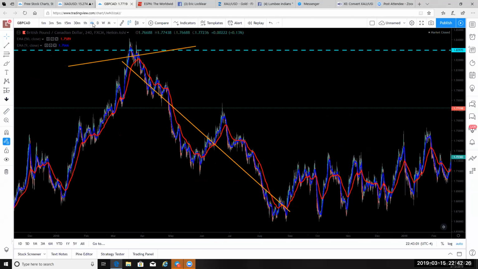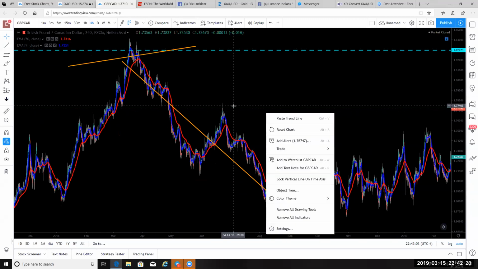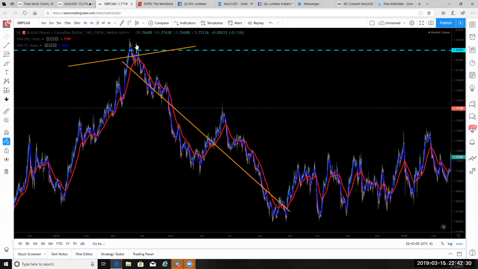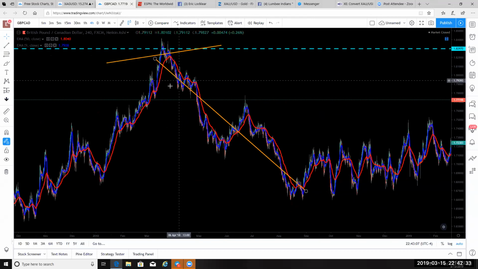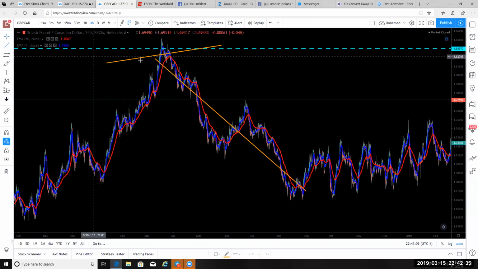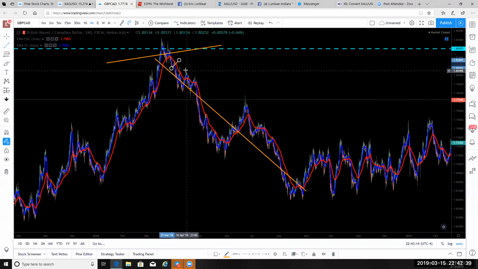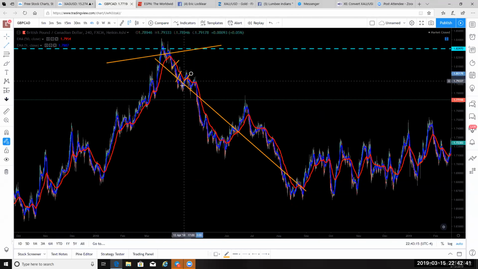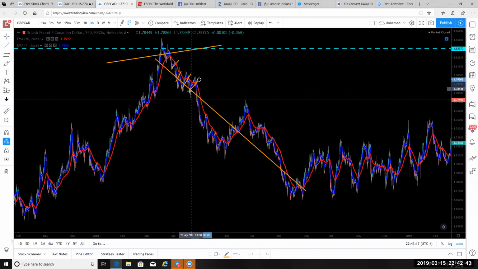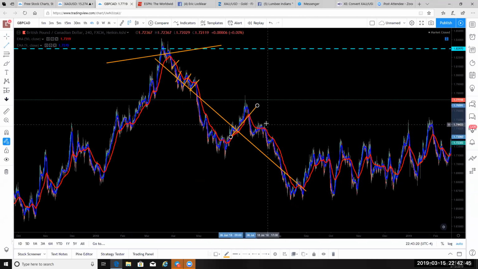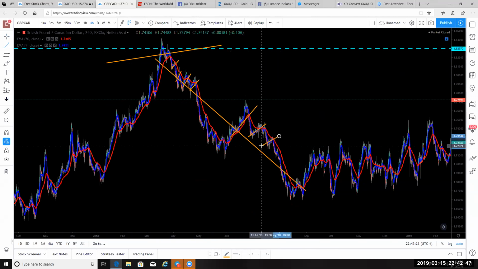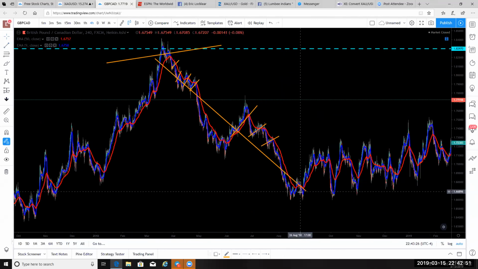But say if I go to a lower time frame, I'm here on the 4 hour, and if I'm trading from the top of the zone, I'm able to get positions in the market before it hits the bottom of this zone.